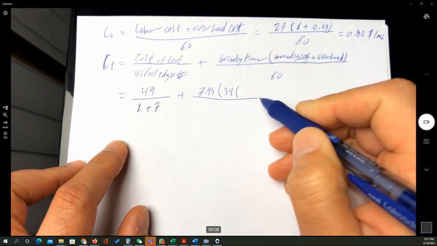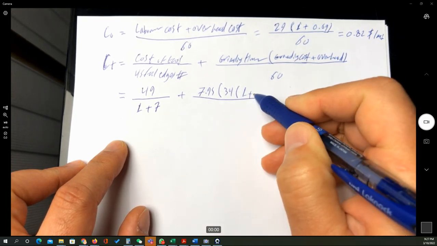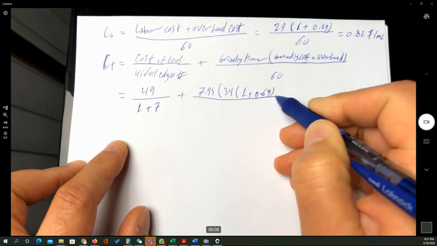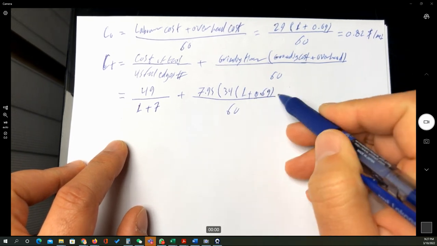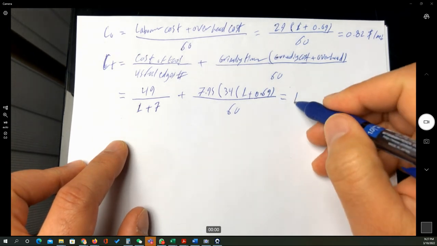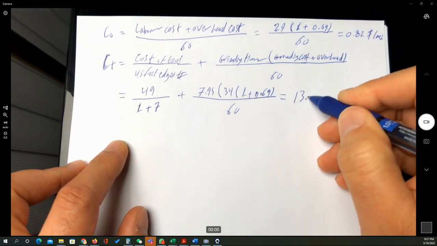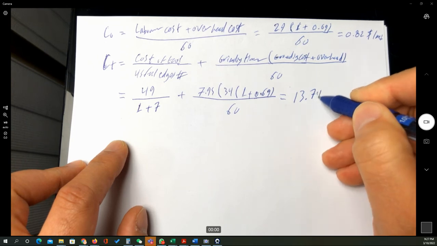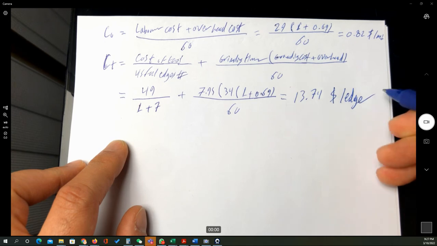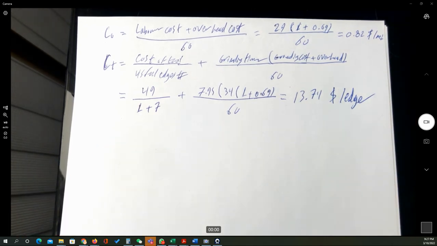And this will be multiplied by 1 plus 0.69, and then divided by 60. By doing the calculation, the number I got is $13.74 per edge.